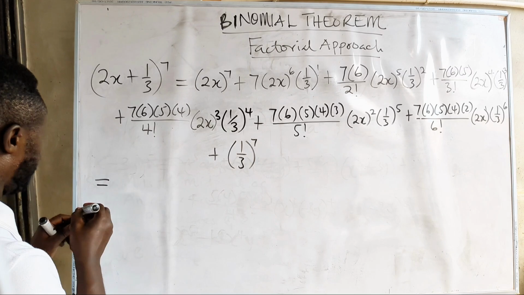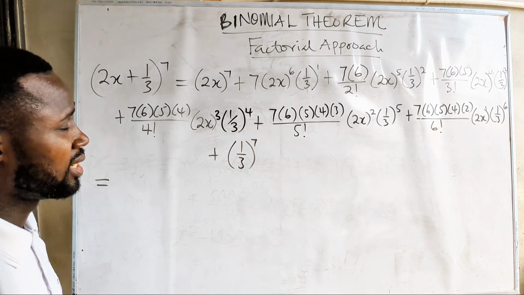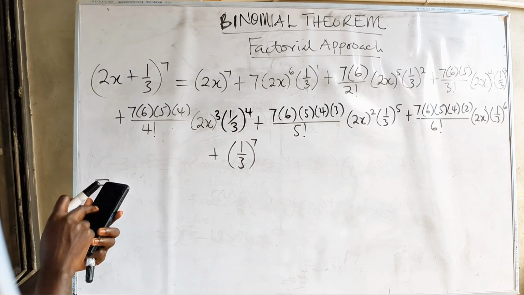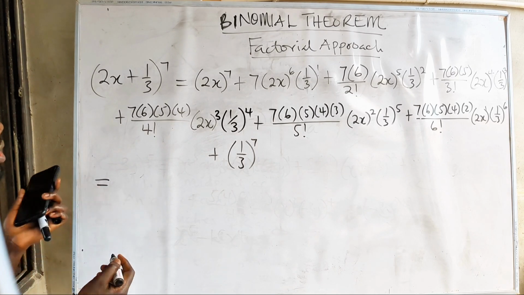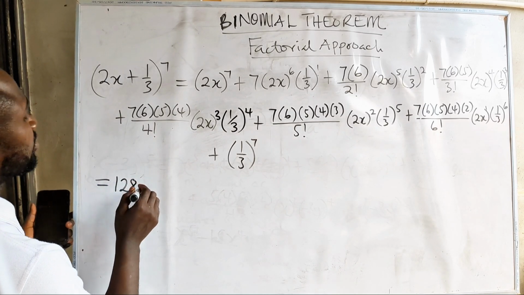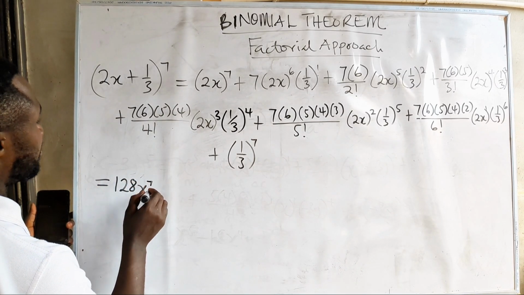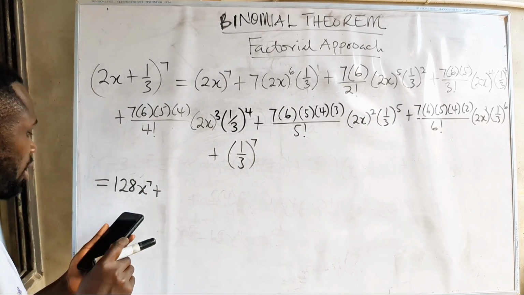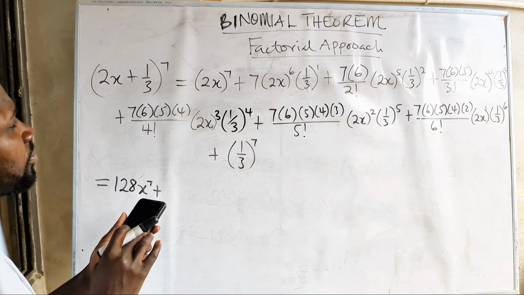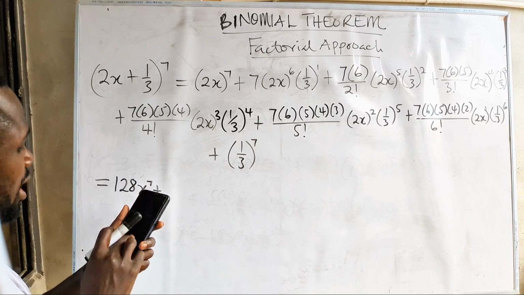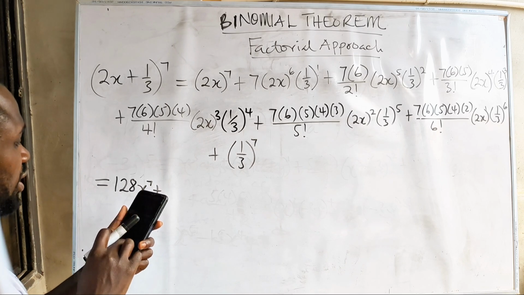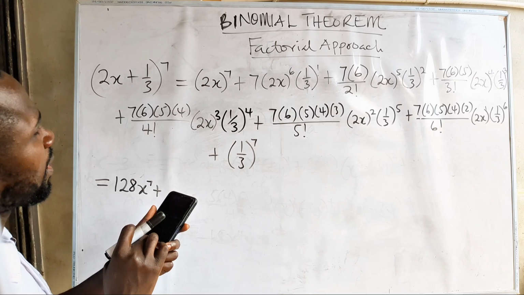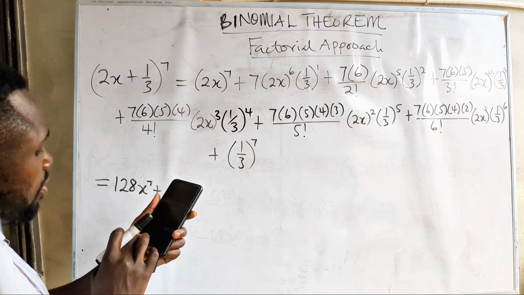Okay. So now let's do our expansion, and let's see what we are going to have. So 2 exponent 7 will give us 128. So this is going to be 128s exponent 7, plus, since they are all positive, we then have 7 times 2 exponent 6 times 1 over 3.